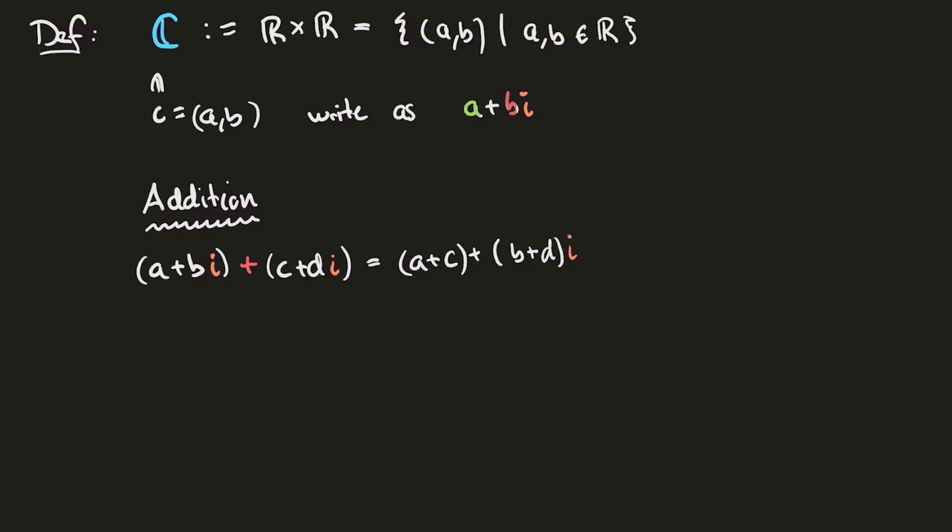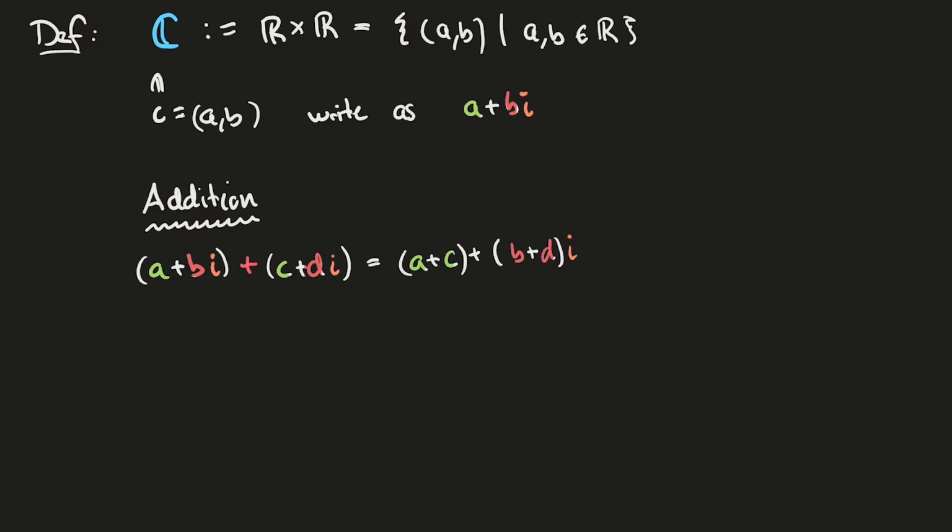So what we've done here is we've taken the real parts of both of our starting numbers and added them together to get the real part of our resulting number. And we've taken the imaginary part of each of our starting numbers and added them together to give the imaginary part of the resulting number.